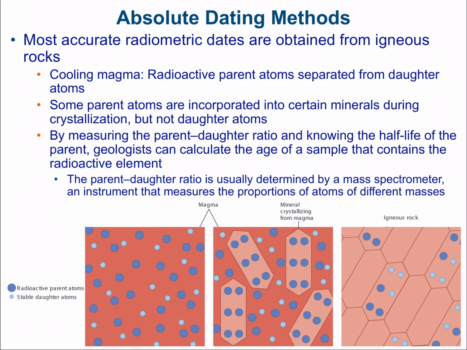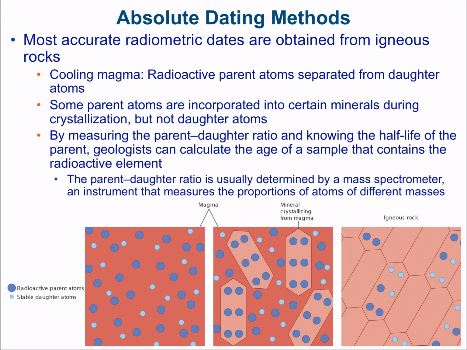Now, the most accurate radiometric dates are obtained from our igneous rocks. Our cooling magma: when your magma cools, your radioactive parent atoms are separated from your daughter atoms. Some of the parent atoms are incorporated into certain minerals during crystallization, but not the daughter atoms.